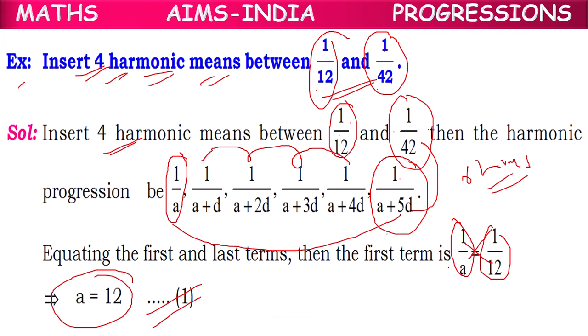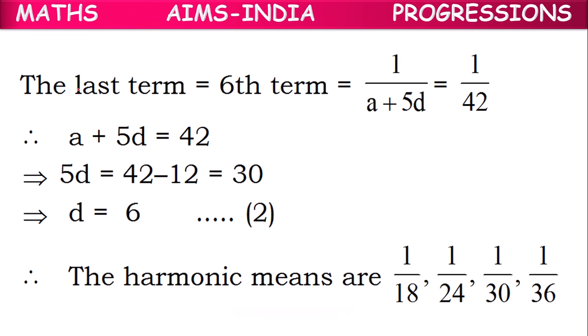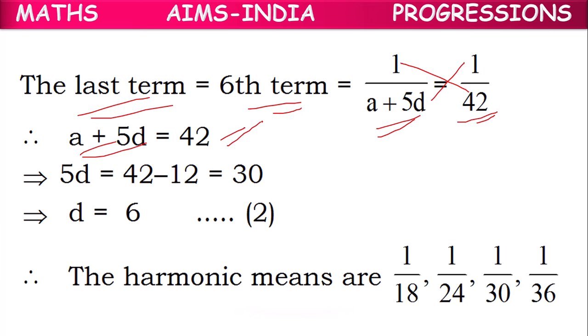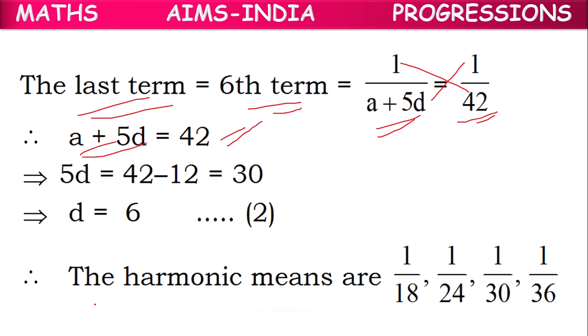And if we take the last term, the sixth term, 1 by a plus 5d equals 1 by 42. If we cross multiply, a plus 5d equals 42. In the place of a, as we got the value 12 here, we can keep 12, and when it goes to the right hand side, it becomes minus 12. 42 minus 12 equals 30.